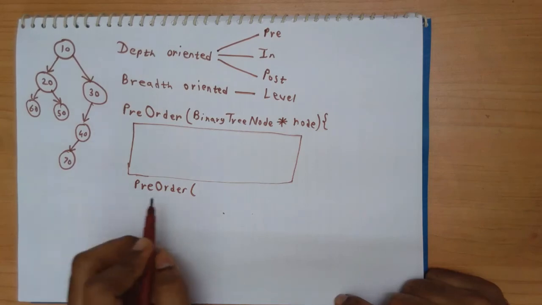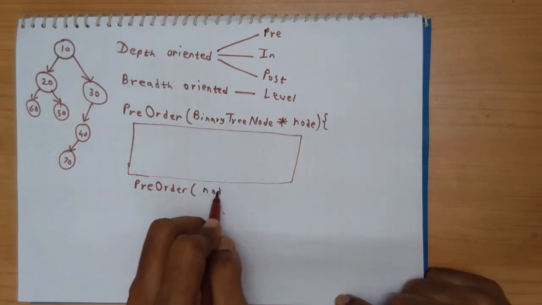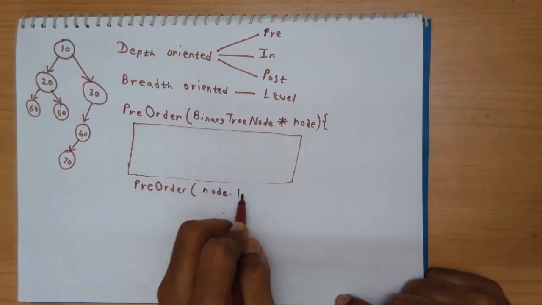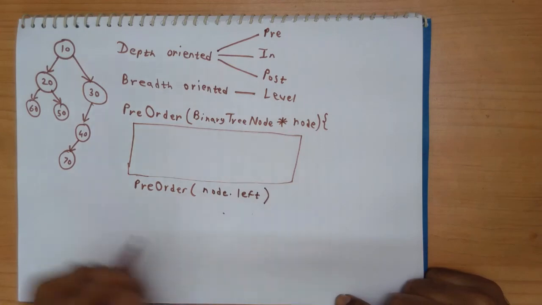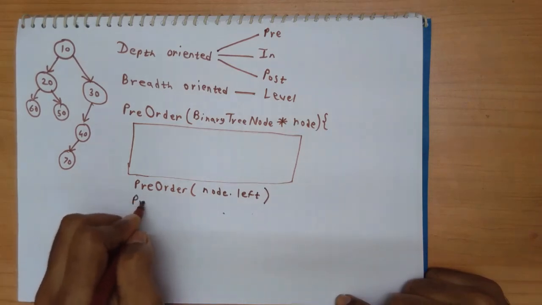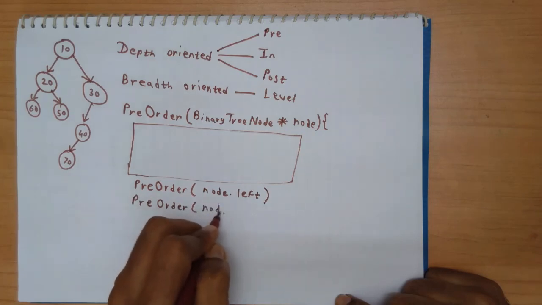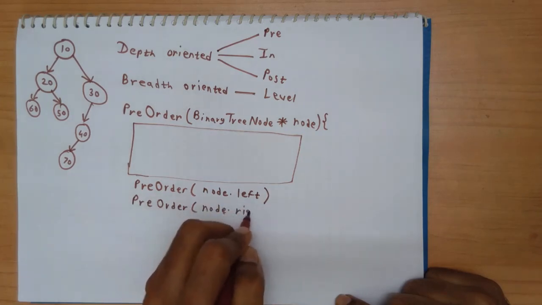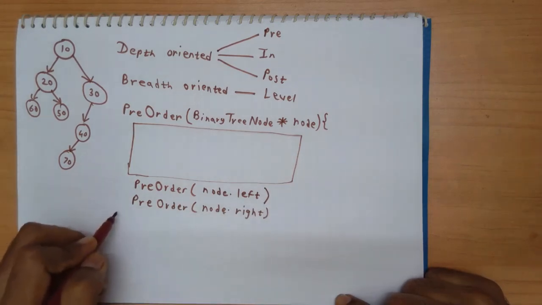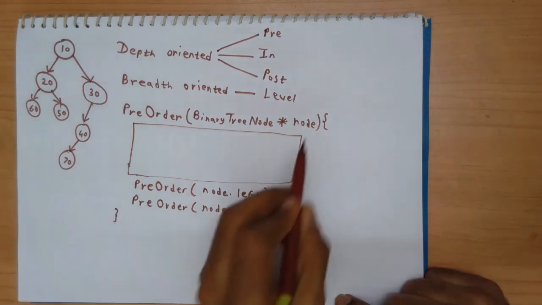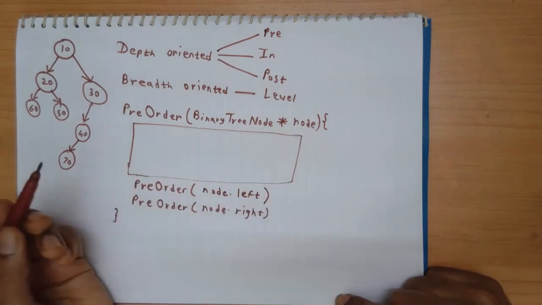So I would say that do the pre-order on node dot left, and then I would do the pre-order traversal on node dot right.